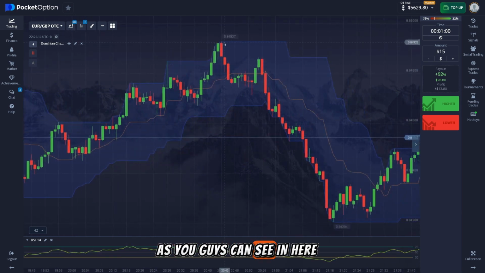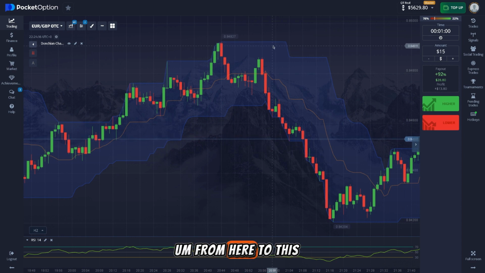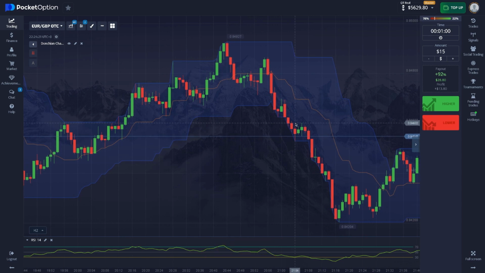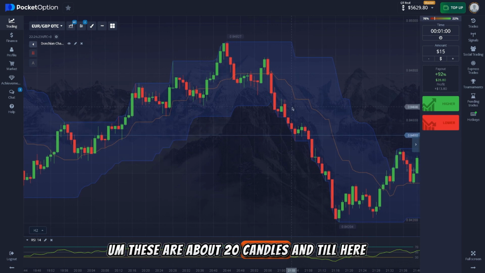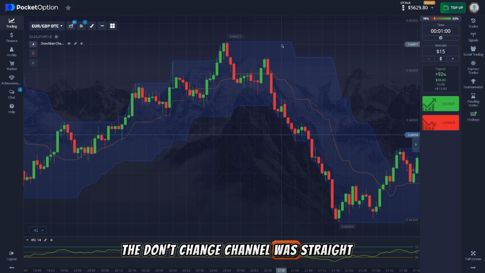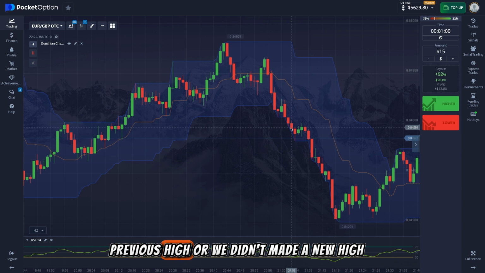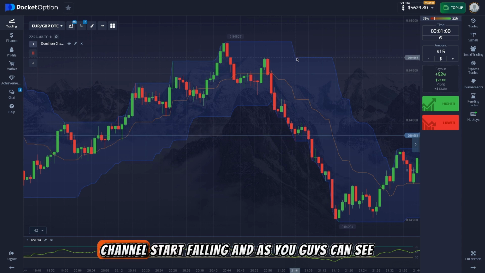From here to this candle, these are about 20 candles, and till here the Donchian channel was straight, but we didn't match the previous high or make a new high, so the Donchian channel started falling.